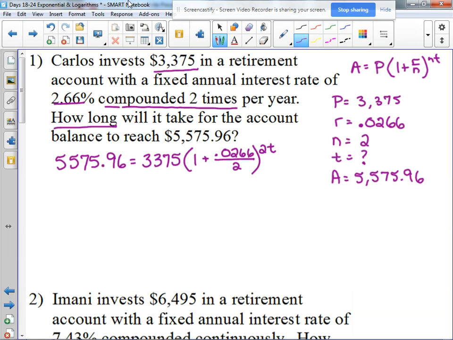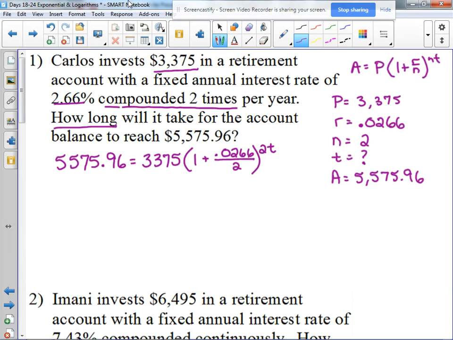Okay, so when we plug everything in, that's what our equation should look like. Again, we're not just going to type all the information into the calculator and get an answer out. What we're looking for is the value of T, how long? That's in the exponent. That makes this an exponential equation.